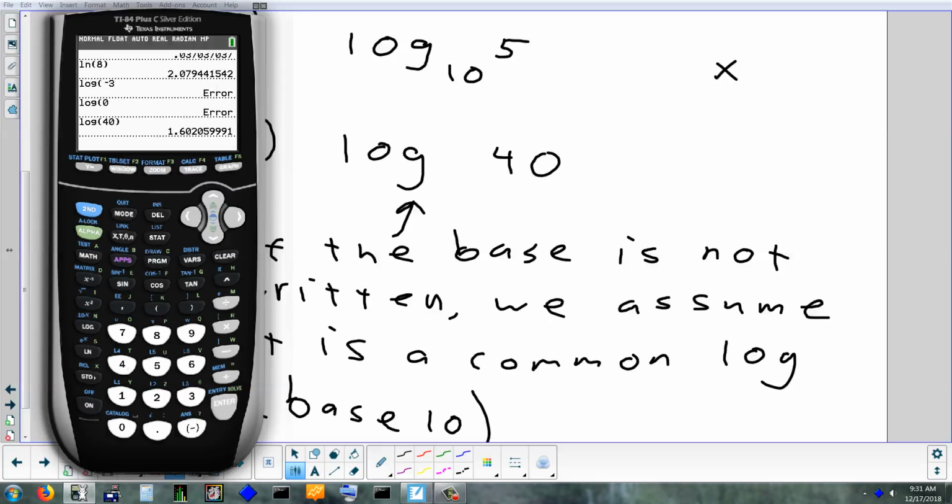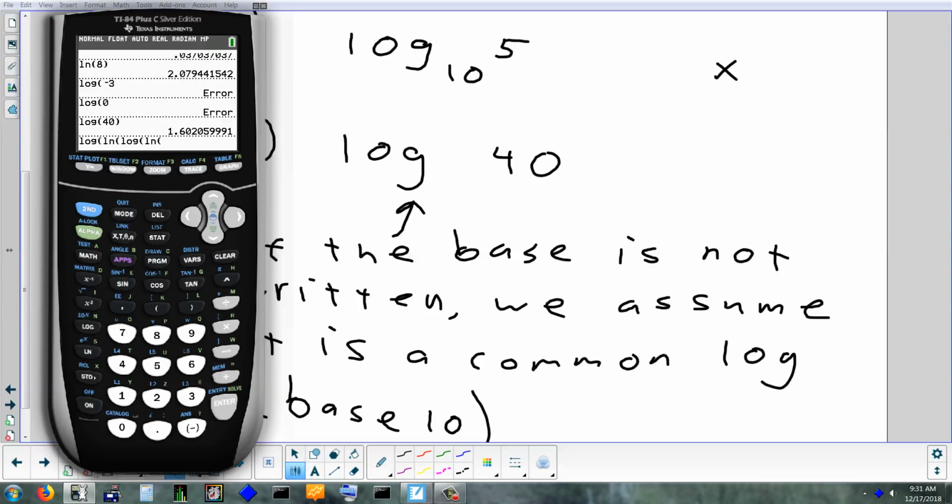So if I press this button at the top, I get base 10. If I press this button at the bottom, I get base e. Those are the only 2 log buttons on this calculator. That's it. So what problem does that kind of leave us with? The top button does base 10. The bottom button does base e.